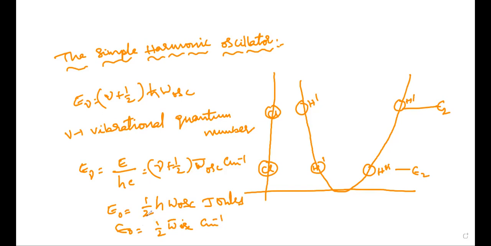The quantity half h omega naught joules, or 1 by 2 omega bar oscillation centimeters, either this or this is known as the 0 point energy.